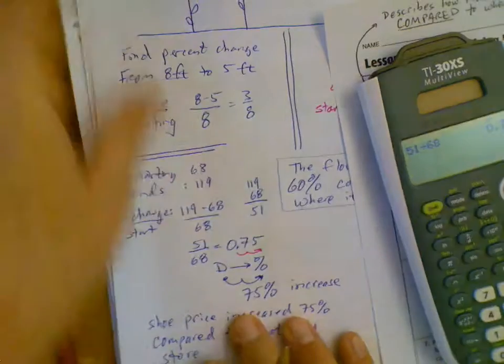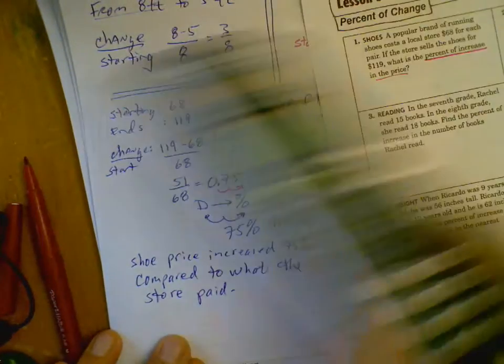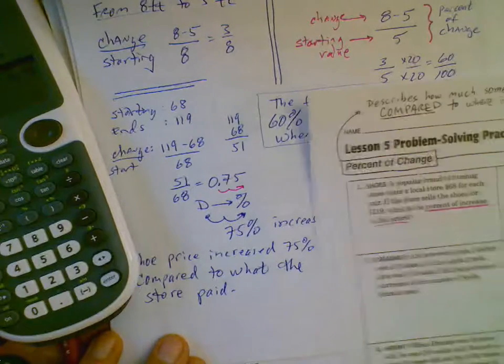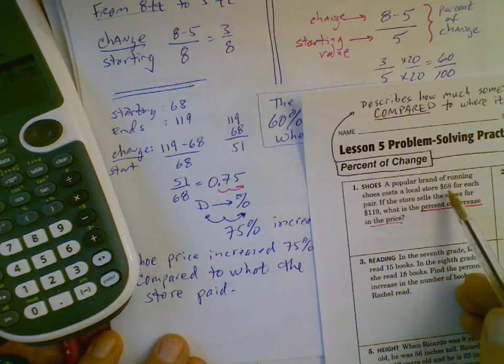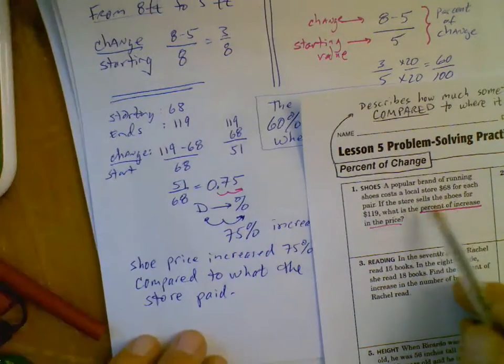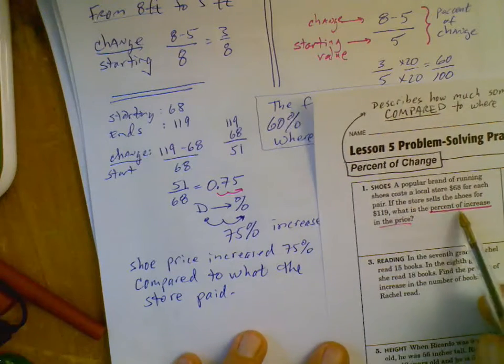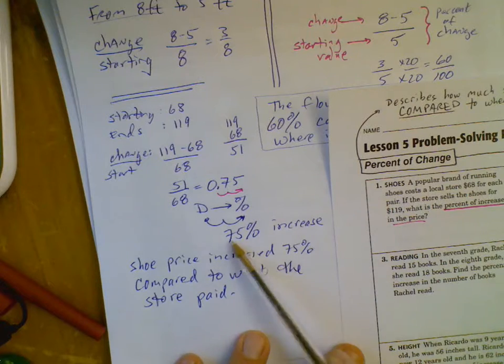Let's verify that. Look at the problem. A popular brand of running shoes costs a local store $68 for each pair. And they ask if the store sells it for $119, what is the percent increase in the price? We did the calculation, that was a 75% increase.